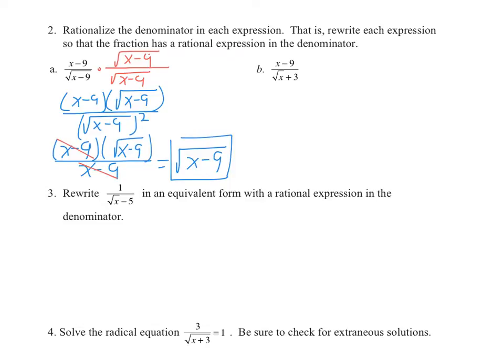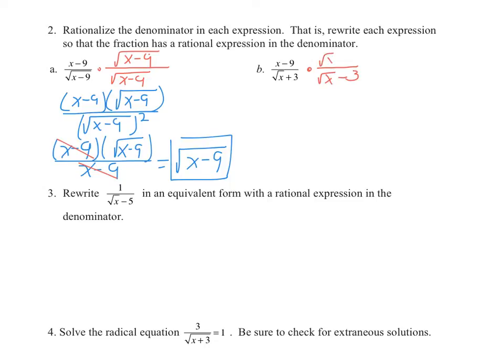Okay, let's take a look at letter B. In letter B, I have a radical in the denominator, but it's a binomial and the whole denominator is not a radical. So in this case, I'm going to multiply top and bottom by the conjugate. So I'm going to multiply by radical x minus 3.